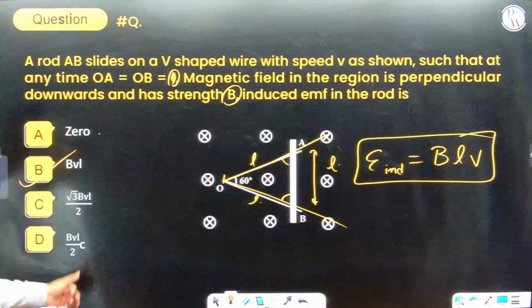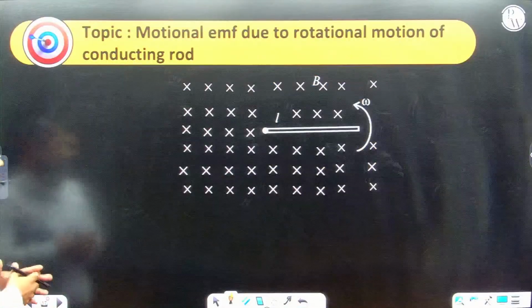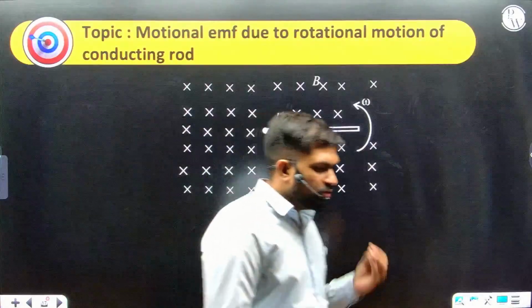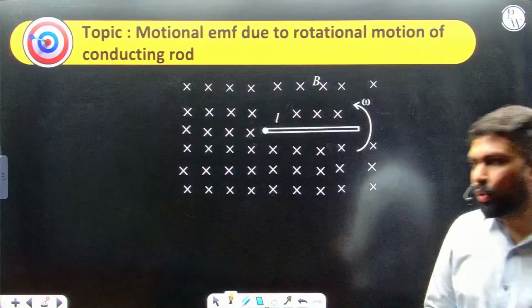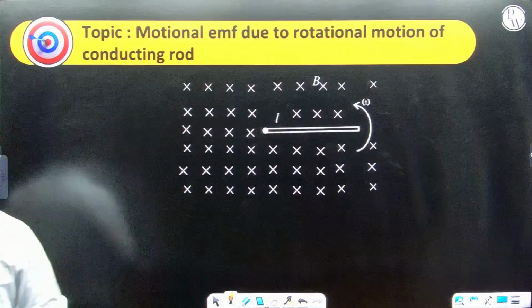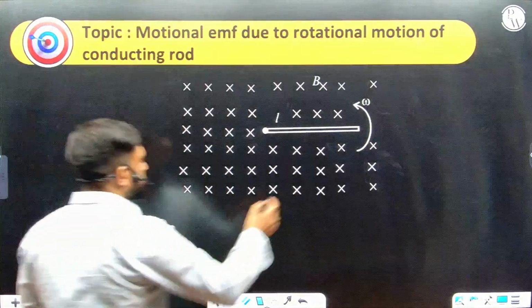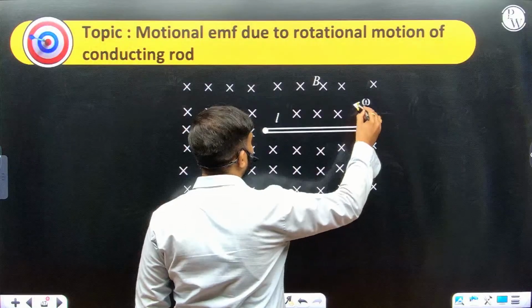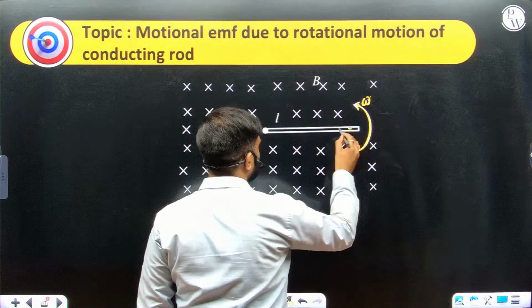Straightforward. Now the motional EMF due to rotation of a rod. The rod is rotating, but the issue is that at each and every point the velocity is not the same, because in rotational or circular motion the omega is the same for all the points, but the speed is not.